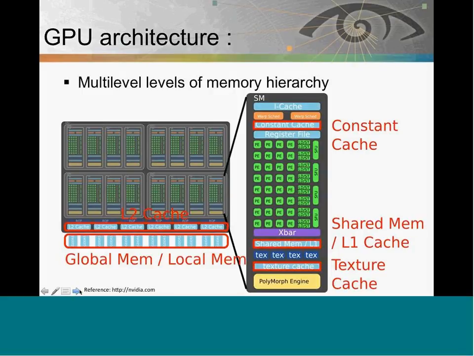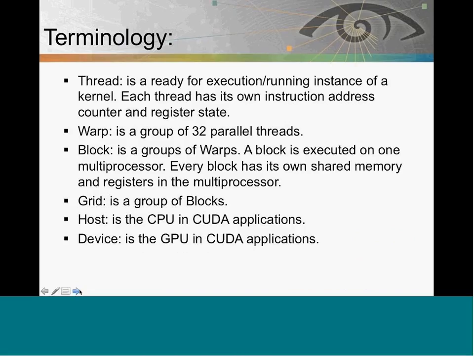And then local memory. So here is some of the programming terminology, CPU programming terminology. The stage is ready for execution, a running operation on the CPU that we call a thread. And the group of 32 threads is a warp.